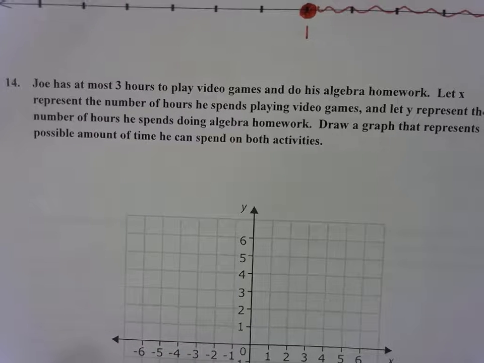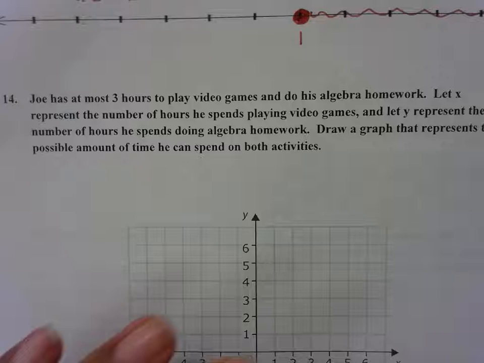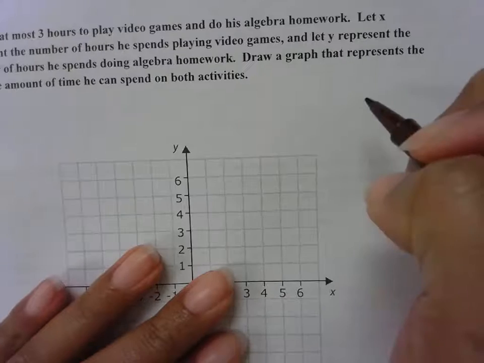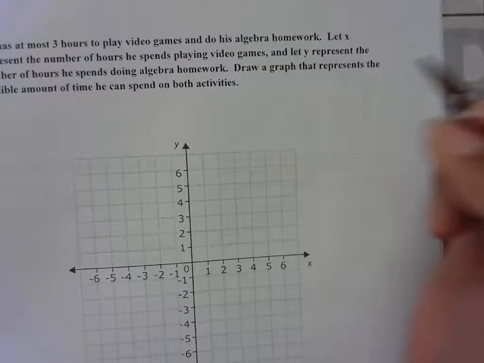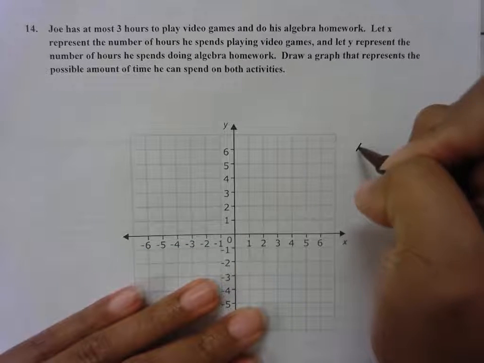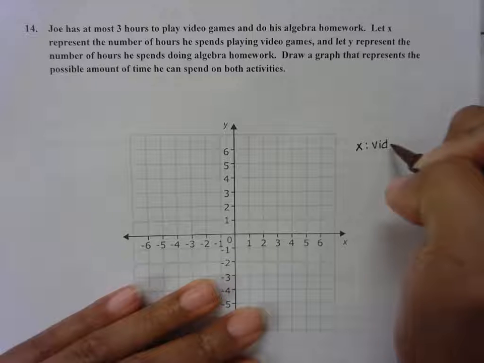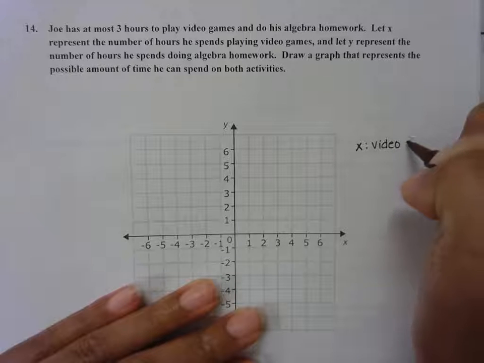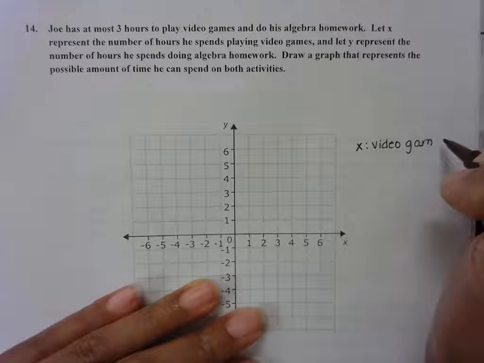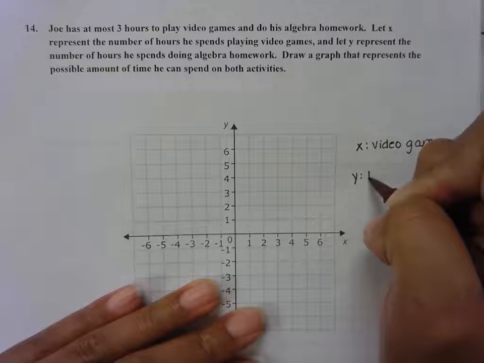Joe has at most 3 hours to play video games and to do his algebra homework. So they said let X represent the hours he spends playing video games, and Y represent the number of hours he spends doing homework.